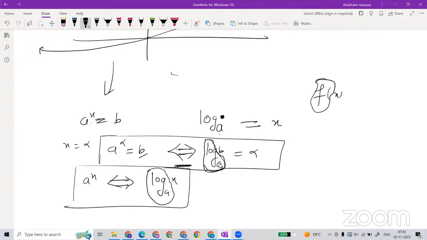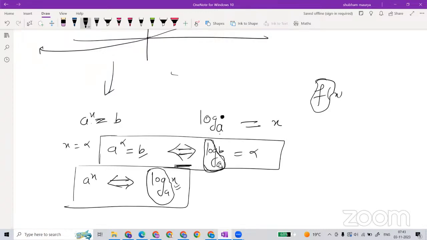So here this log base a is just a notation that you are taking the log with base a, and this is your x. You give the output value to that notation and get the input value back. This is actually constructed.